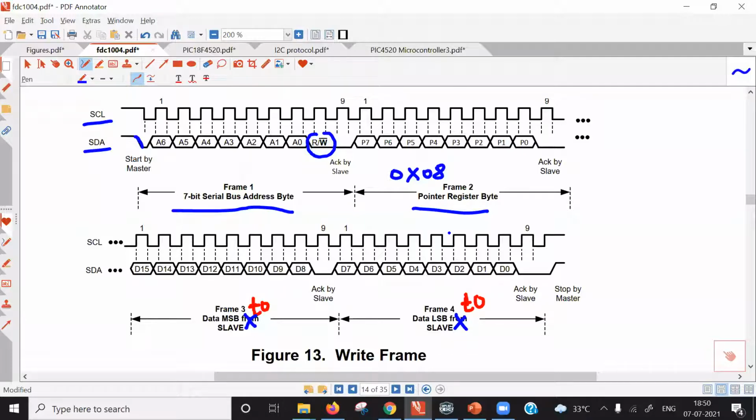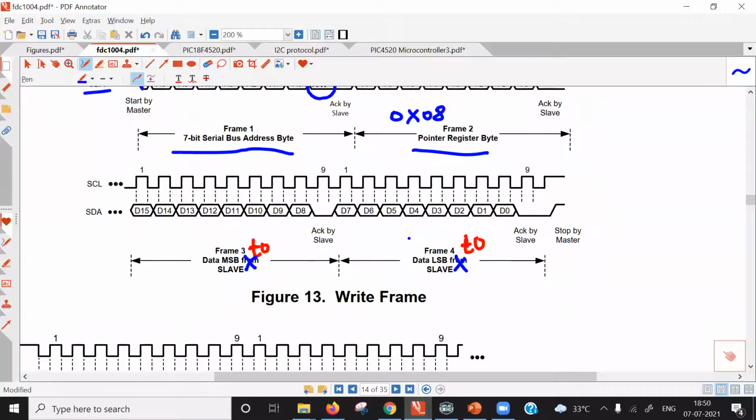But after loading pointer register, if you perform write operation, then that write operation will be done to the registers pointed by pointer register. So after that you transmit 16-bit data. First of all transmit 8 MSB bits followed by remaining 8 LSB bits. And after that initiate stop condition through program. So through program we must initiate stop condition, and then I2C bus becomes free.